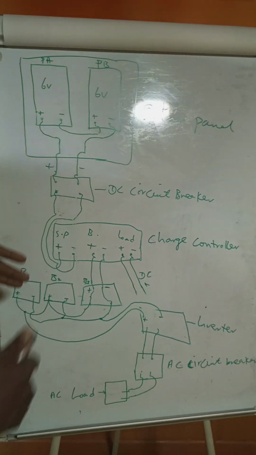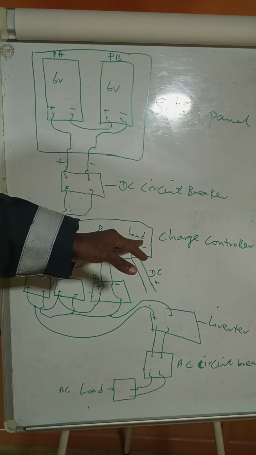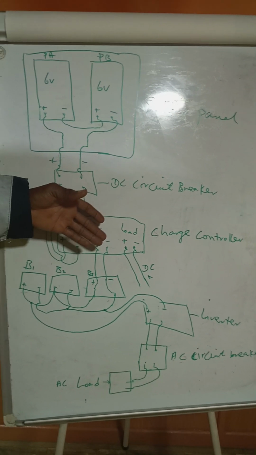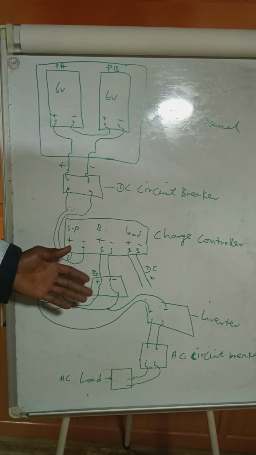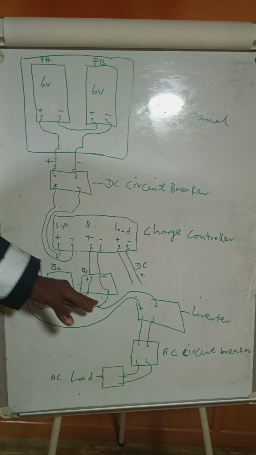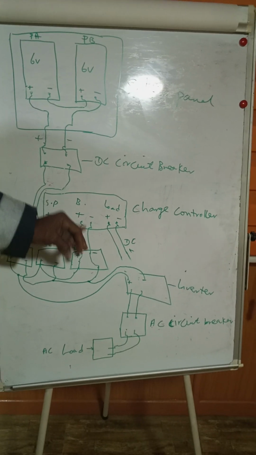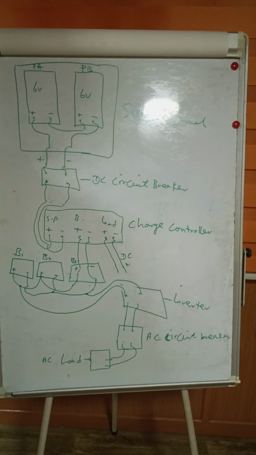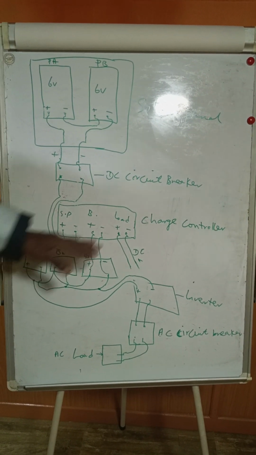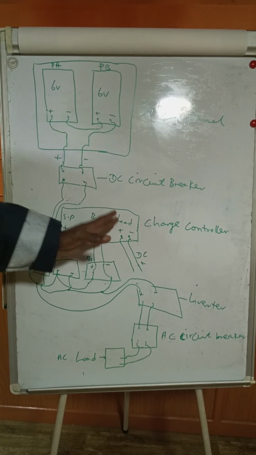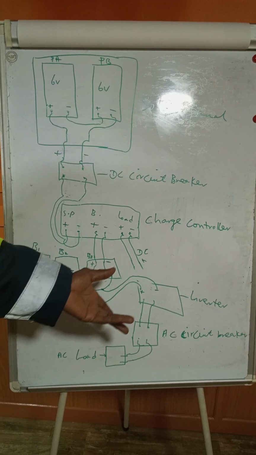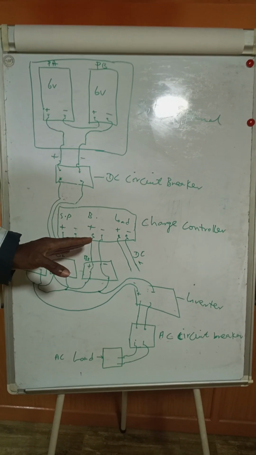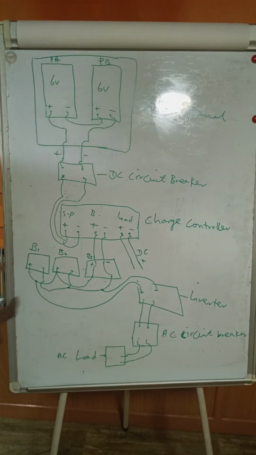So what we do most times is we don't connect the load terminal to the inverter while the battery is charging. So we connect the battery directly to the inverter, and we allow the load terminal floating as it is. So by so doing, the charge controller seems to work effectively, because the two sources are not supplying to the load simultaneously. So that is what we do practically, so it works that way more efficiently.